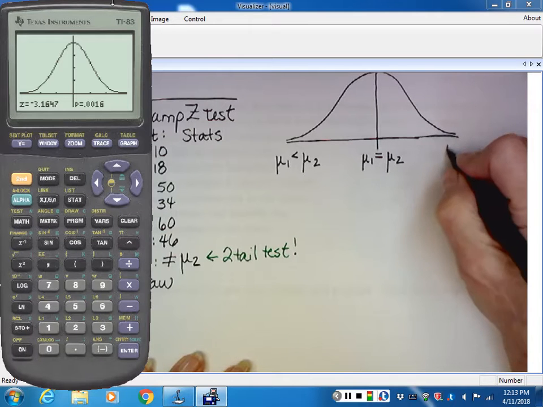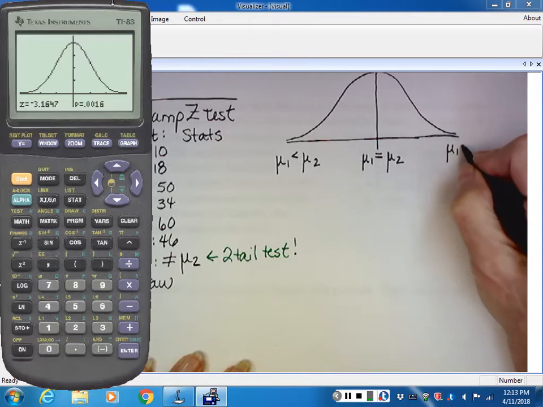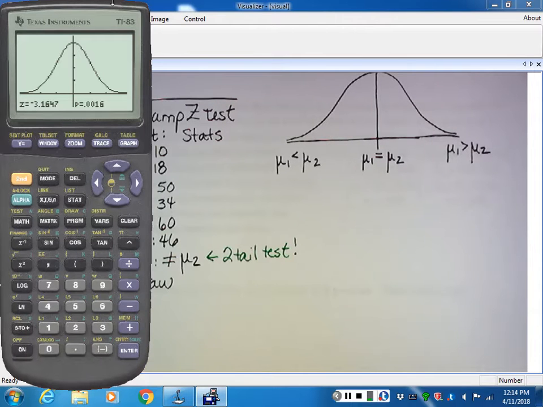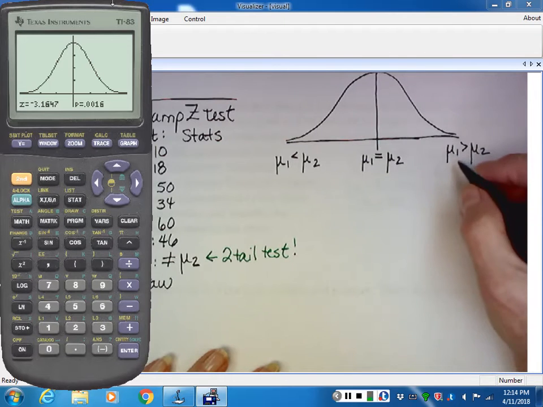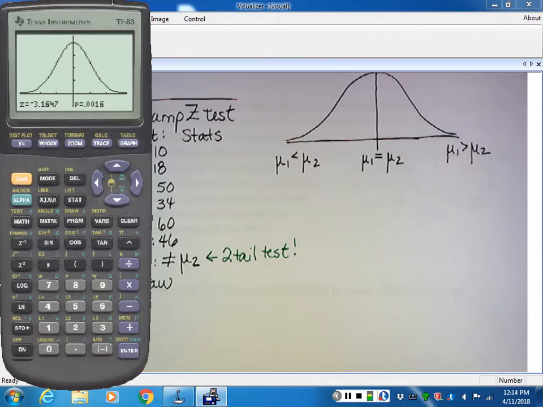This is where the differences would be positive. 1 minus 2 would be a positive number because 1 is bigger. Okay, so basically, these are the three things that could happen. What they tell us here is that our test statistic, remember that comes from your sample, is negative 3.1647.